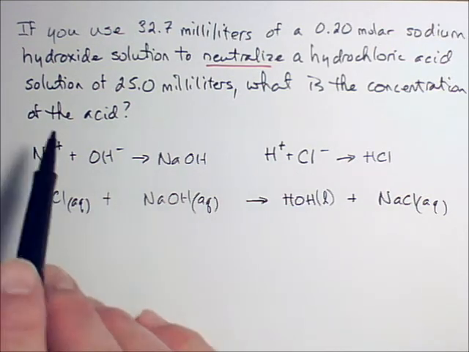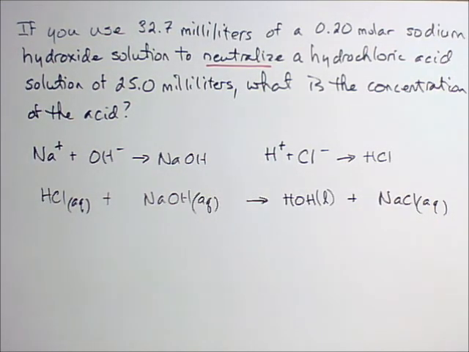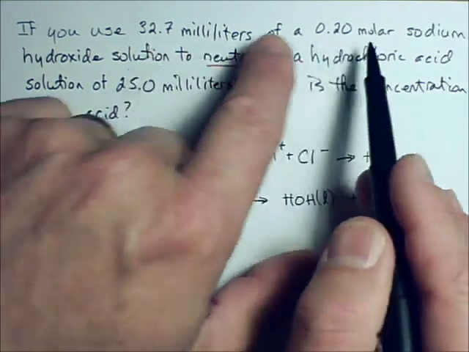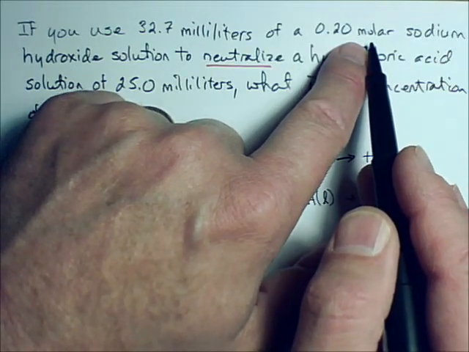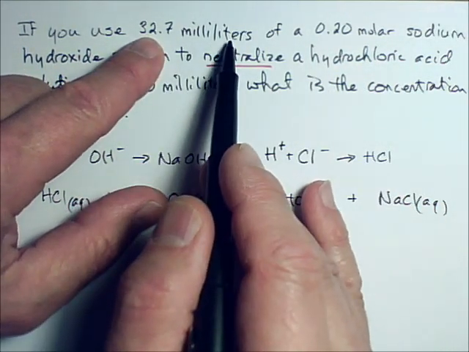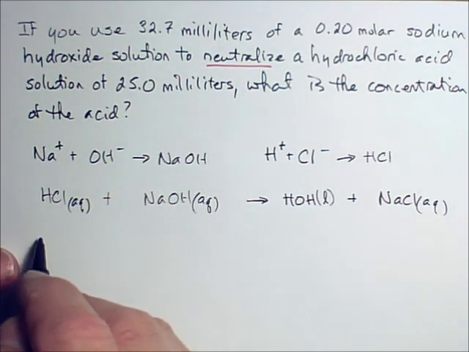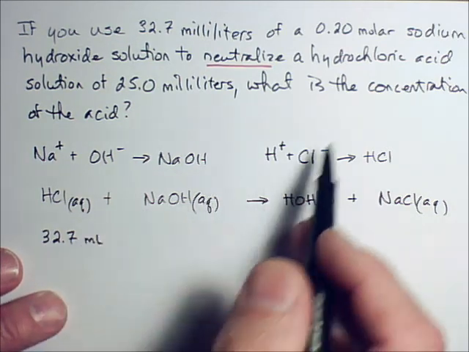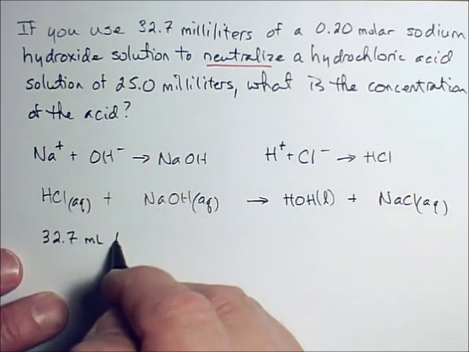So read the problem. Let's decipher the problem here. Which one of these chemicals do you know both the starting amount and the concentration? Sodium hydroxide, NaOH. We know the amount and we know its concentration. So we're going to start with that amount because we know its concentration. And that's sodium hydroxide, the species here, NaOH.